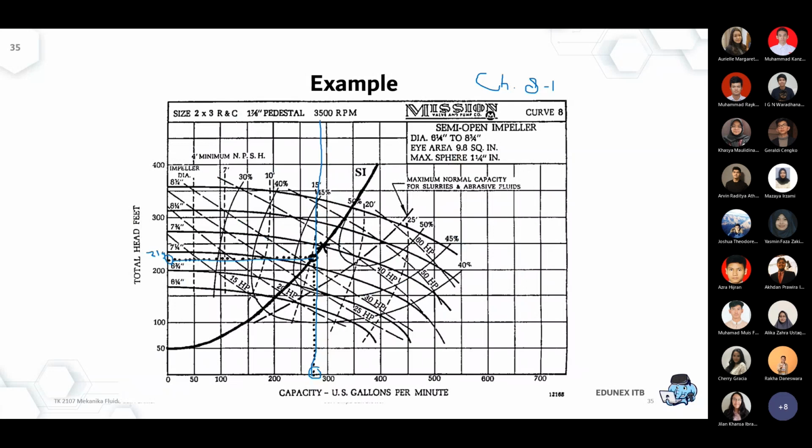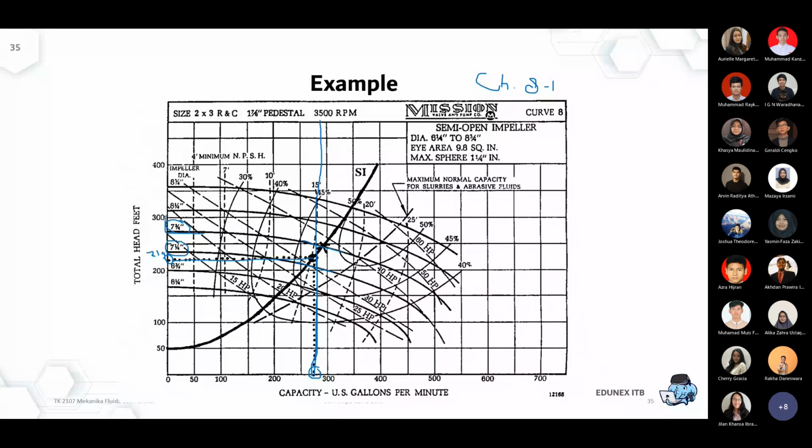that's the intersection of your operating condition. So now you will have to choose to downsize the impeller to 7¼ because it doesn't exactly intersect with your point, or you can upsize to a 7¾ inch impeller. And of course, it's always better to upsize.